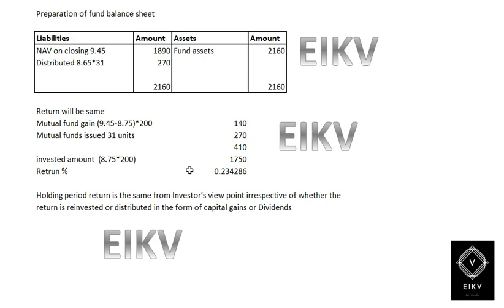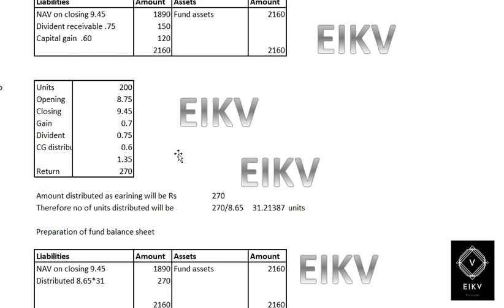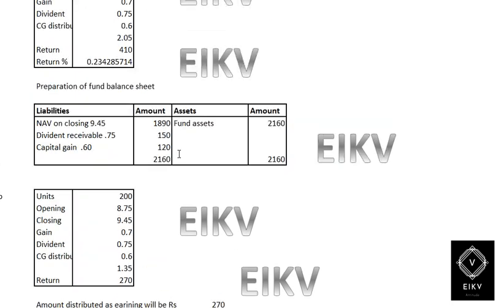The return would be same at 23.47%. So guys, either by going for the investment plan or by getting the dividend in hand, it is up to the option of the investor. So there is no change in the policy.